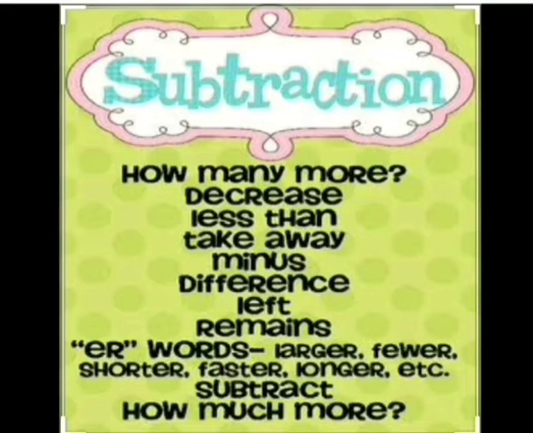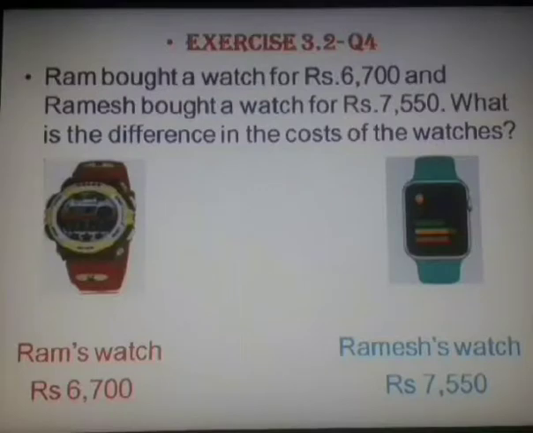Now, let us understand this in a better way with the help of a story problem. It is question number 4 of exercise 3.2. Children, first we will read the problem carefully and find the given information.